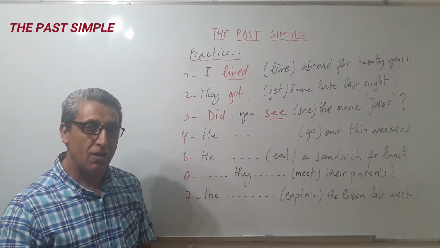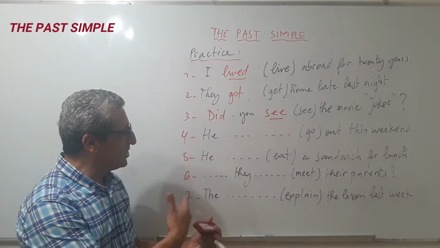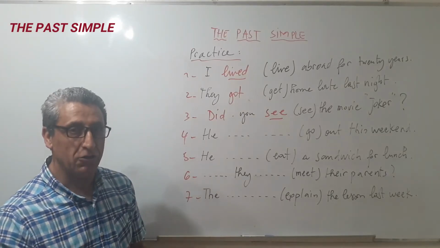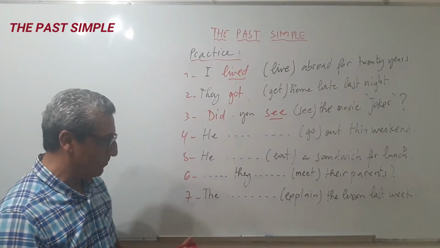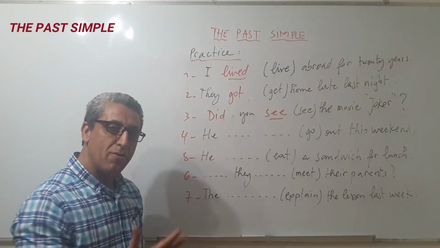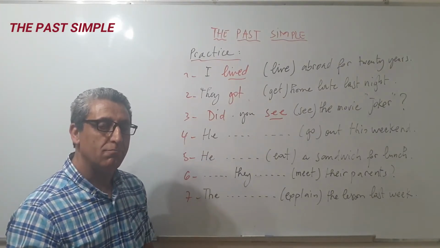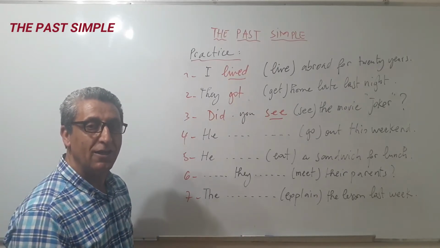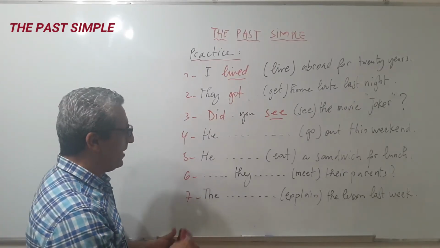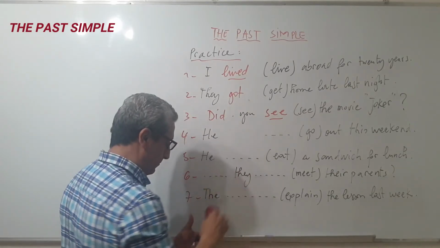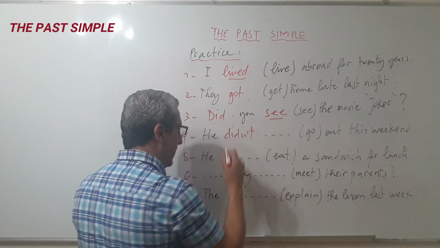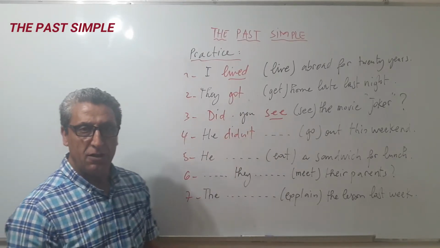And generally we have this form of sentence when it is a negative form. So you remember how we form the negative form? Yes? Excellent. So we start with didn't. So he didn't. And the verb.